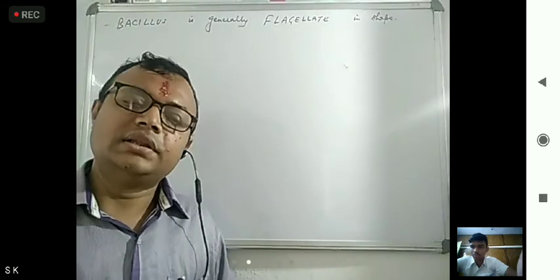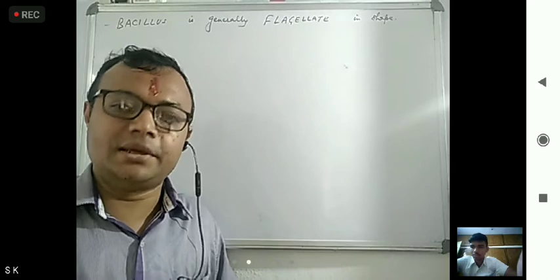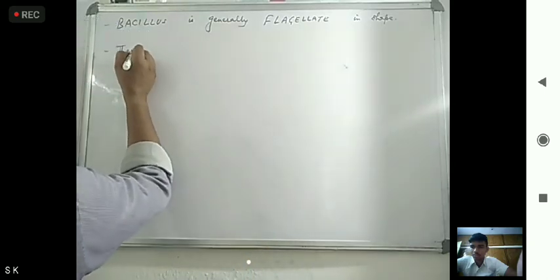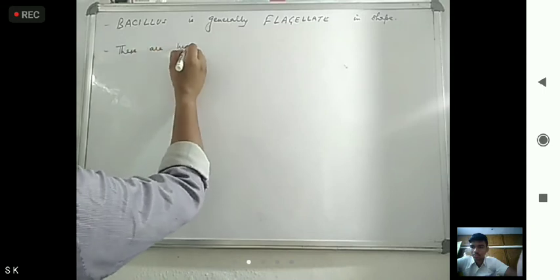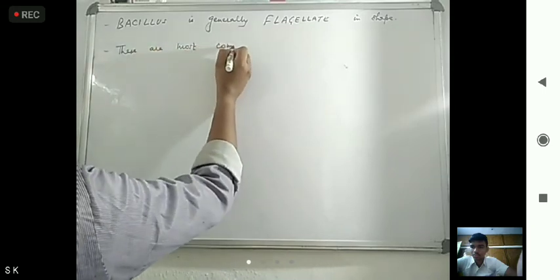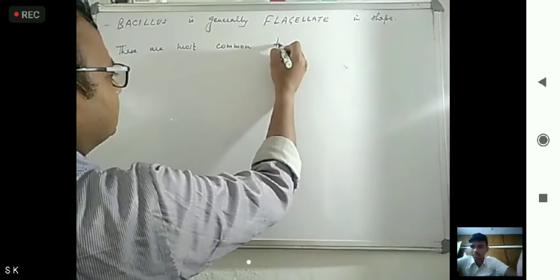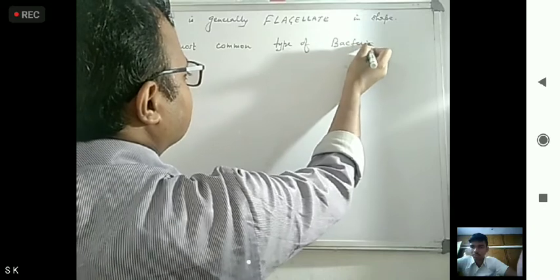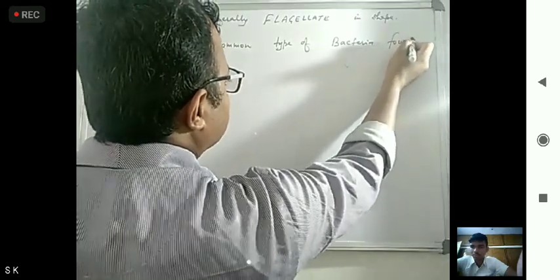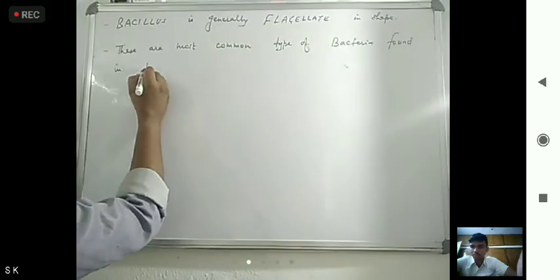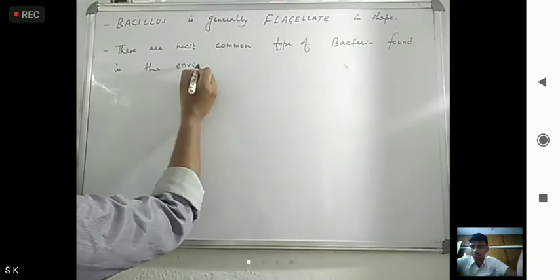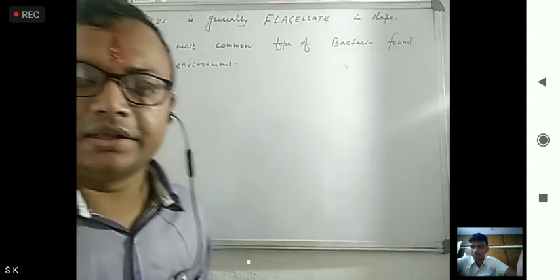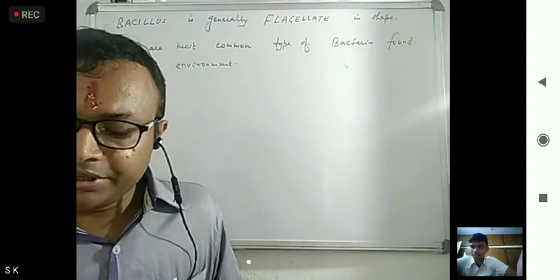And they are the most common type of bacteria found in the environment. Okay, the most common type of bacteria is the bacillus type.